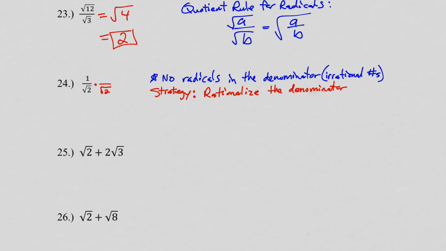Multiply by 1 in the form of the radical in the denominator, in the bottom and in the top. And that basically is going to give you 1 times radical 2 is radical 2. And then 2 times 2 is 4. And then this turns into a 2. Okay?